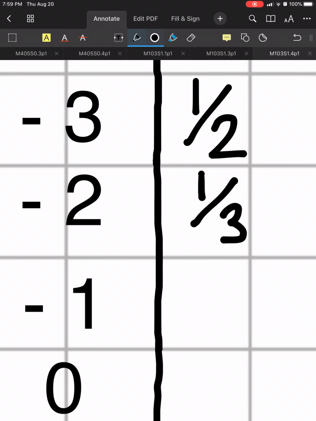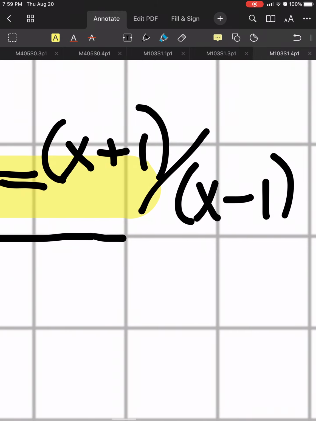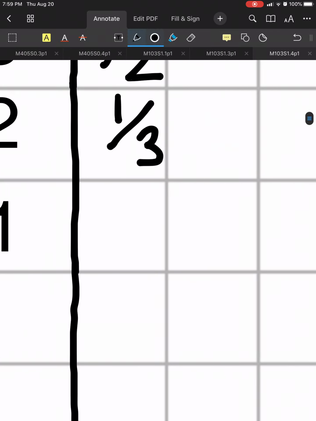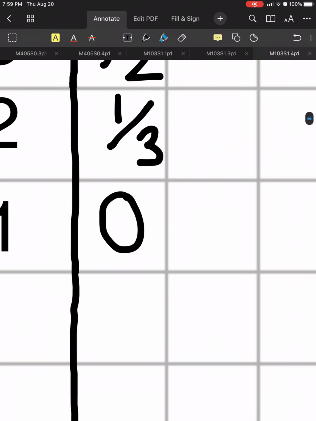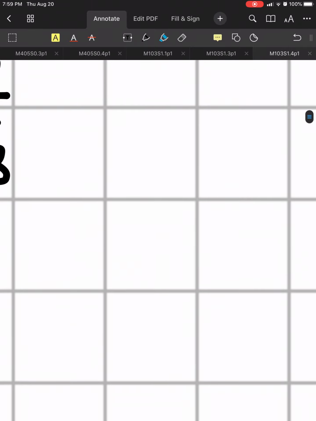If I plug in negative 1, the top is negative 1 plus 1, which is 0. The bottom is negative 2, so this one gives me 0. At 0, I should get plus 1 over minus 1, so negative 1 there.